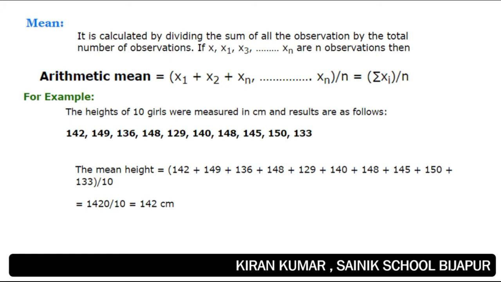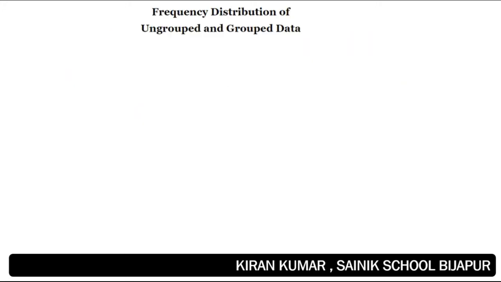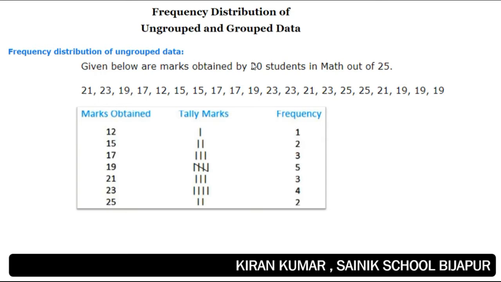Now let us take up a small concept called frequency distribution of grouped and ungrouped data. First, let us take up frequency distribution of ungrouped data. Let me give an example here.